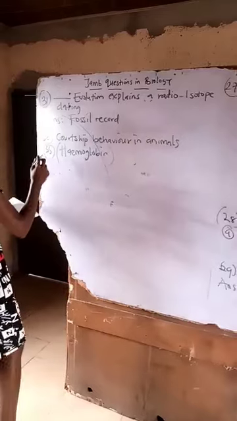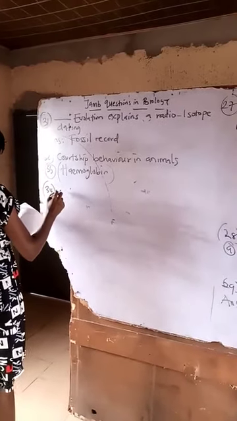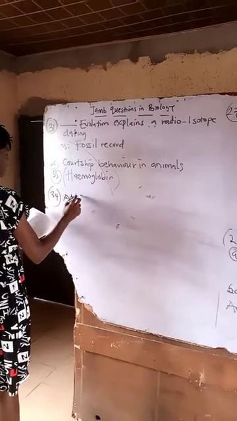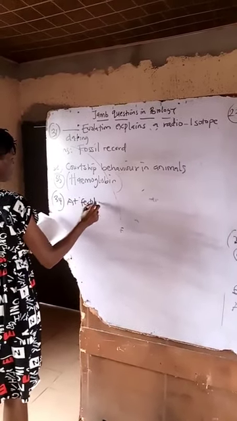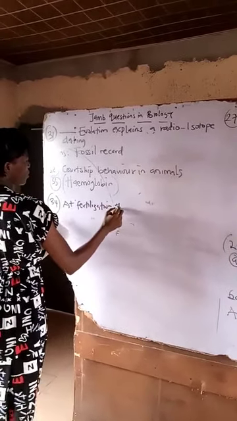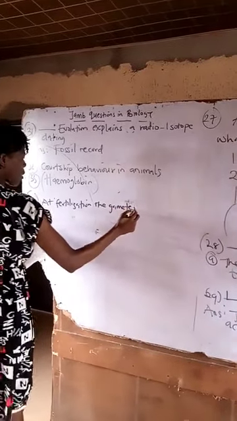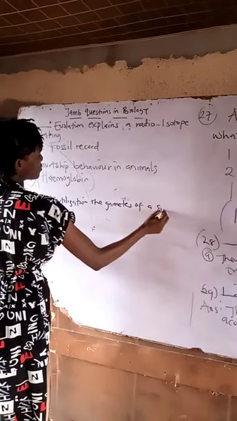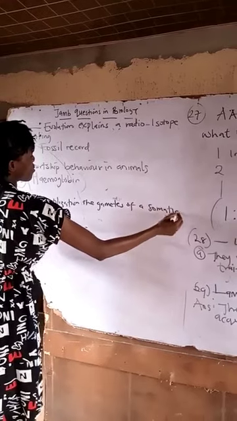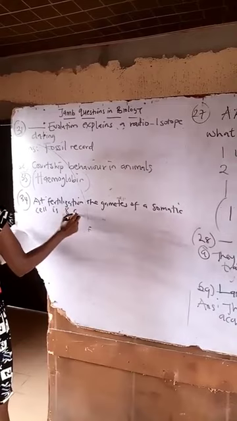Okay. So far, I think I'll start with this question. It says at fertilization, the gametes of a somatic cell is 8 chromosomes.